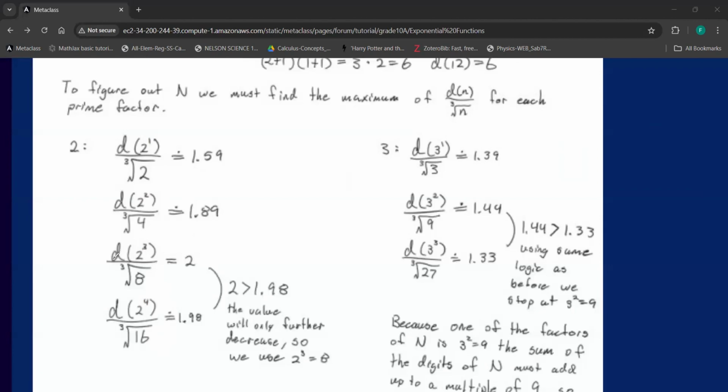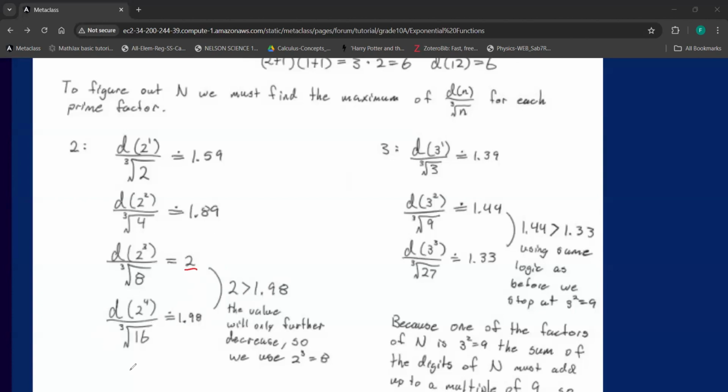And over here, this is d of 2 cubed divided by the cube root of 8, which is equal to 2 exactly. And then d of 2 to the power 4 divided by the cube root of 16 is approximately 1.98. And as you can see here, 2 is greater than 1.98.